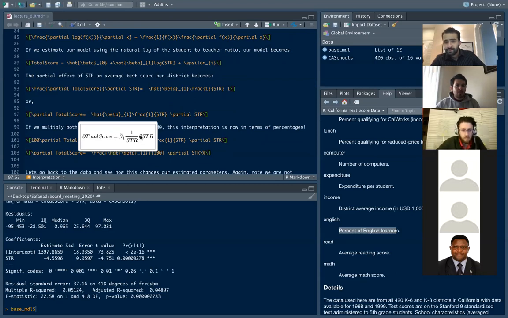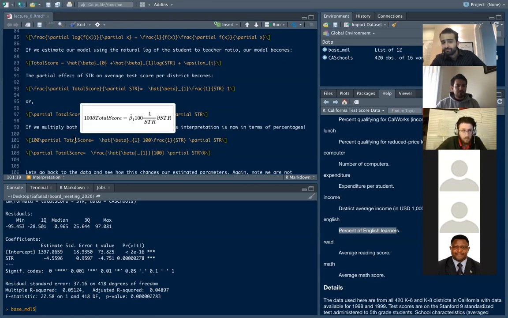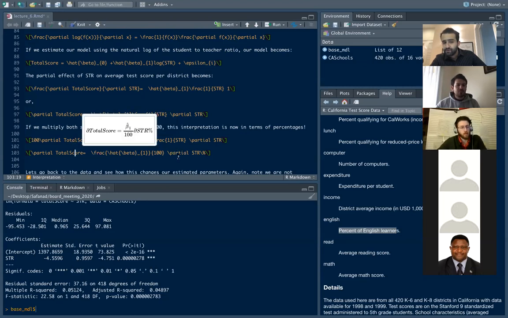Like a 1% change, this ratio is going to be 0.01. If you want it in percentages, you really have to multiply both sides by 100, which will then make the interpretation in terms of the percent change in the student-to-teacher ratio. But that requires then that you take the estimated beta 1 hat and just divide it by 100. Make sense?